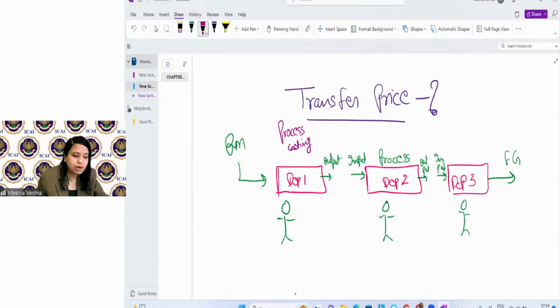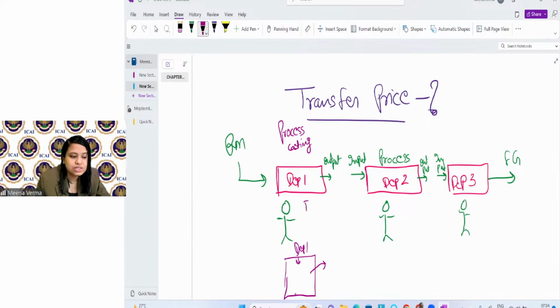You apply process costing and prepare the cost that takes place in this process, in this department. Whatever process is taking place here, you find the cost here. Then you transfer the goods from here to here. That will be the transfer price.